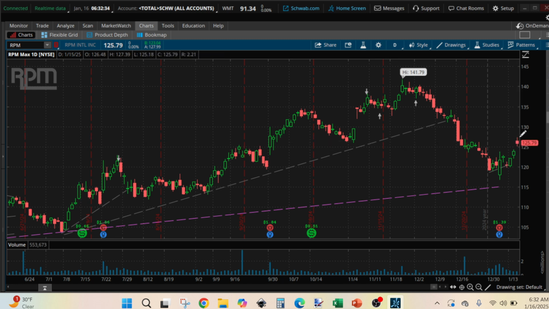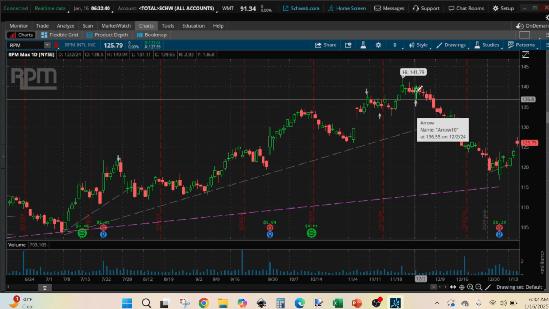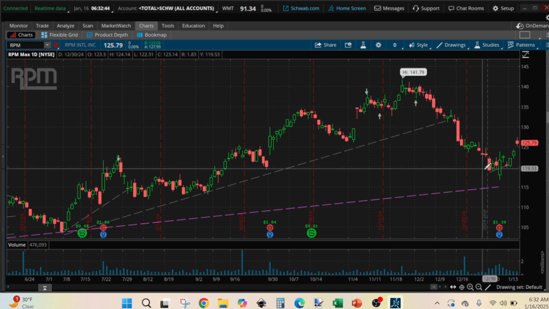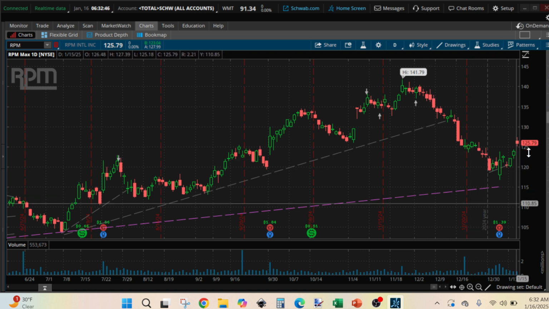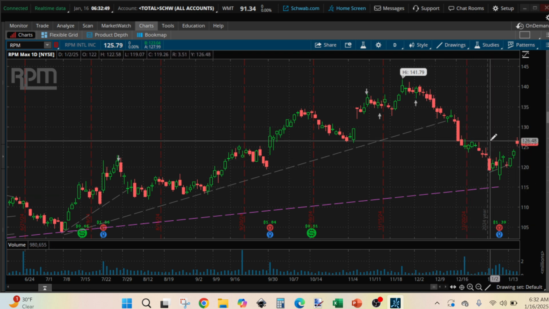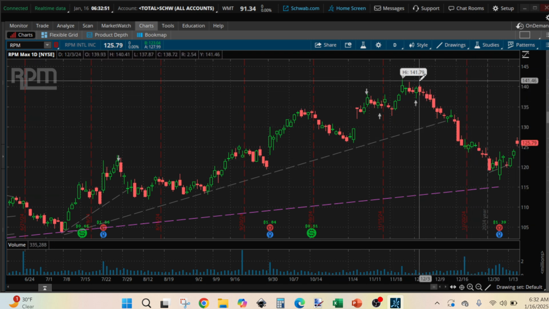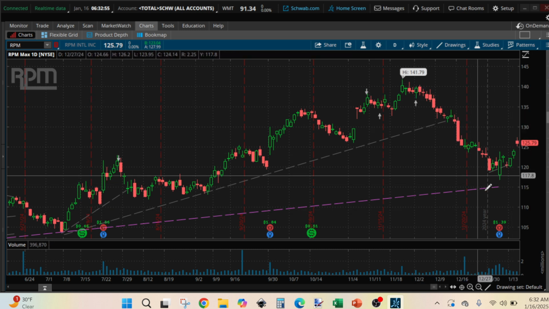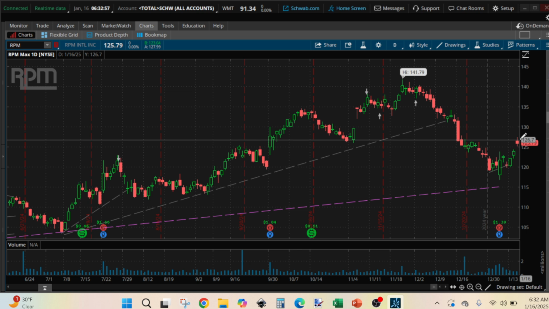If you have a green bar today, it could be a good entry point to buy some shares, but we are not going to buy because we already bought it at a higher price before the pullback. But based on our analysis, if we didn't have it in our portfolio already, this area would be a good area to enter. If today is a green bar, it will be a good point to buy.